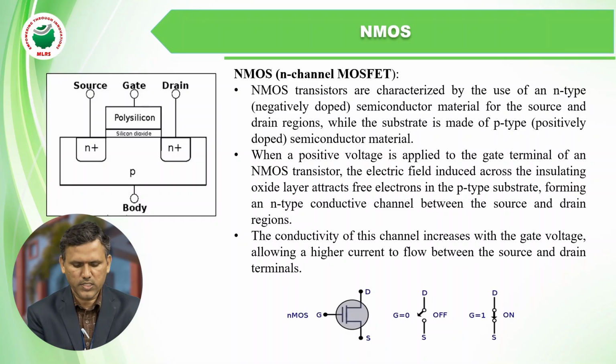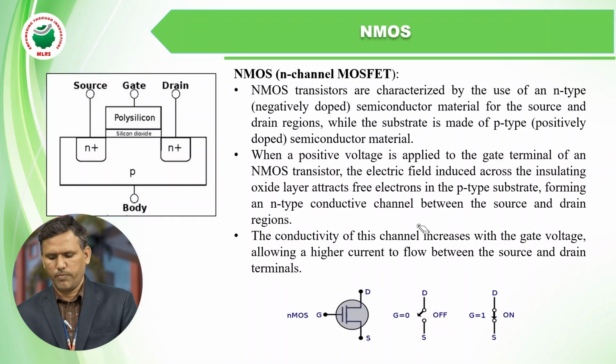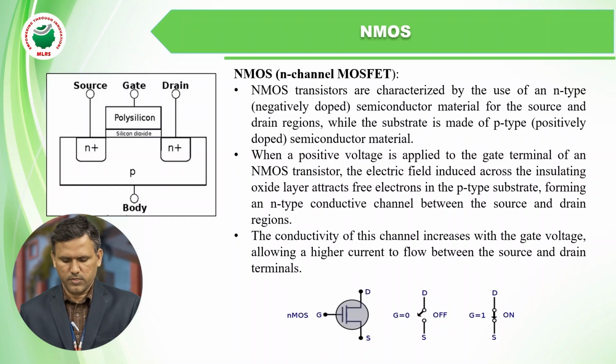When a positive voltage is applied at the gate terminal of the NMOS transistor, an electric field is induced across the oxide layer, which attracts the free electrons in the P-type substrate, forming an N-type conductive channel between the source and drain regions.